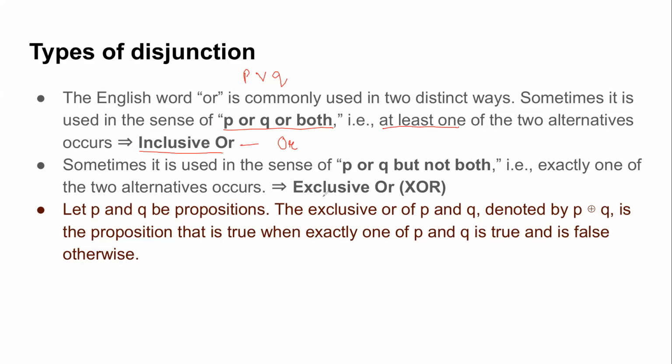But when we say P or Q but not both, you exclude the situations where both are true, right? So such a kind of or is known as exclusive or, wherein exactly one of the two alternatives occurs but not both. It's very famously known as XOR.